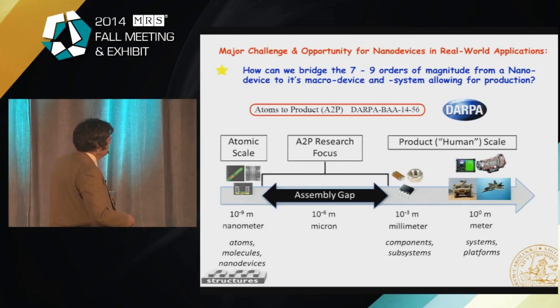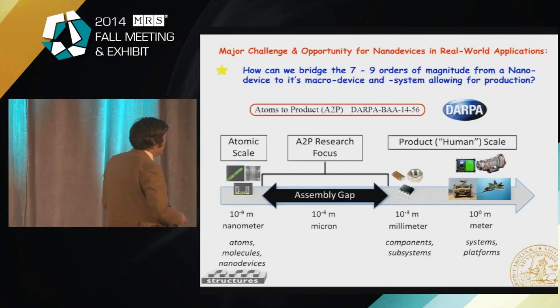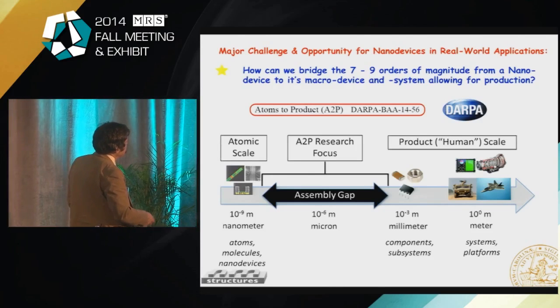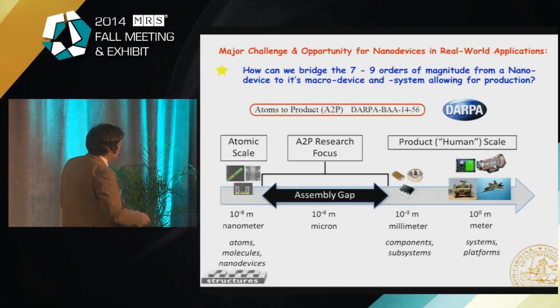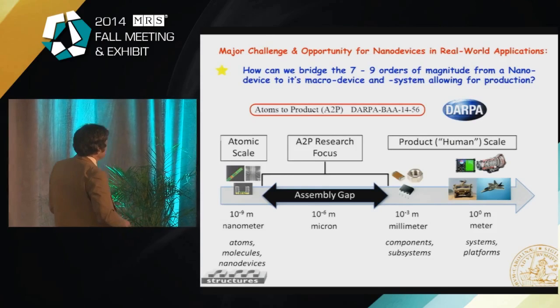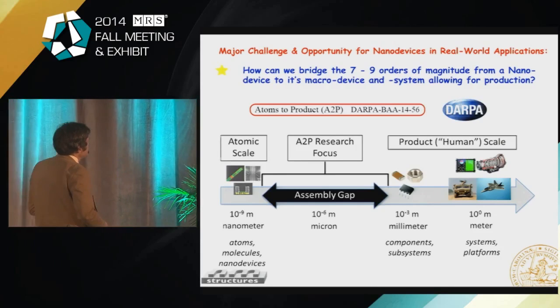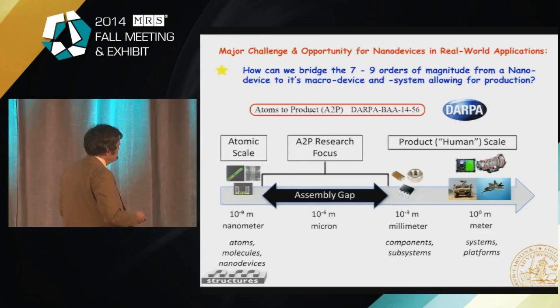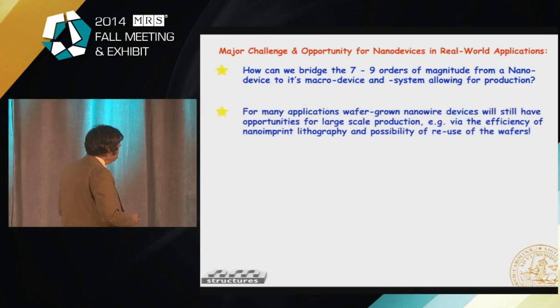How do you get from 10 to the minus 9 or maybe 10 to the minus 7 for the devices, all the way up to the millimeter range for discrete devices, components, and subsystems, and then all the way to macroscopic applications? So that is what DARPA is now having a call for, the assembly gap from the atomic to products.